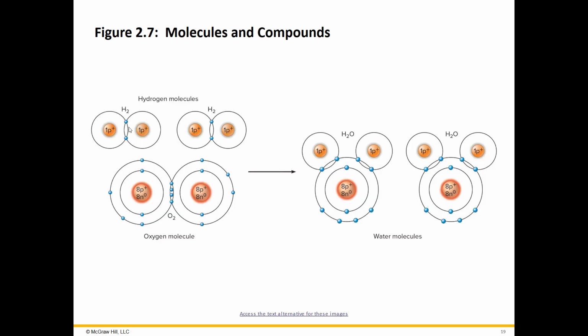We have 2 hydrogen molecules. We have 1 oxygen molecule. Together, these will now interact in such a way that they will form 2 polar water molecules. These molecules of water are compound molecules. Okay, and notice when it's oxygen and oxygen, because they need to share more to get to 8, it's a double bond. But because we have 2 hydrogens here, now oxygen just needs to share 1 here and 1 here. It's 2 single bonds.